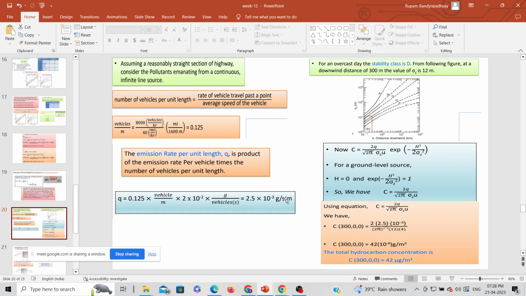Again, since it is an overcast day, the stability class is D. From this figure, these values will be given. The sigma y and sigma z values, I think, will still be given, but for understanding purposes, this is for stability class D. See this line, and x is the distance.